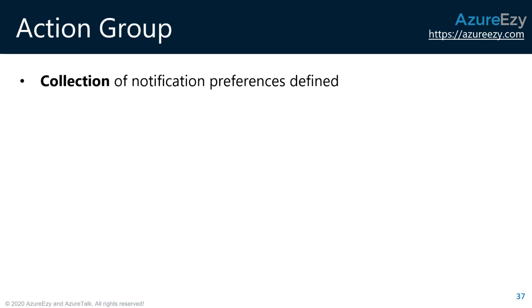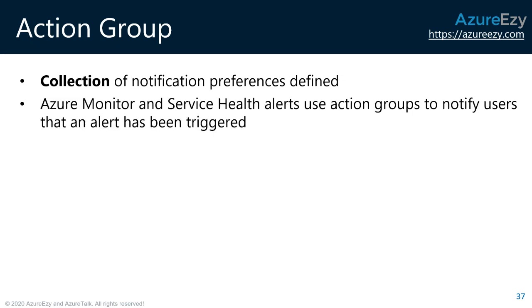Whatever notification preference you want to configure, you define all those using this action group. Your Azure Monitor and Service Health, both services use action groups to notify the admin whenever any alert is triggered.